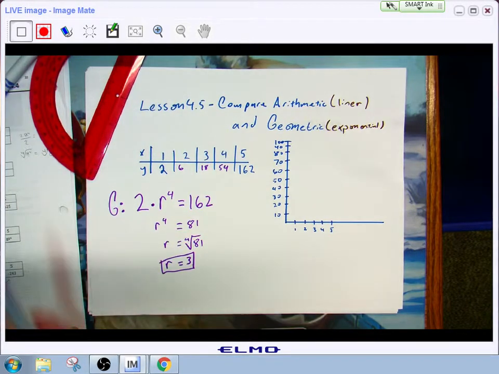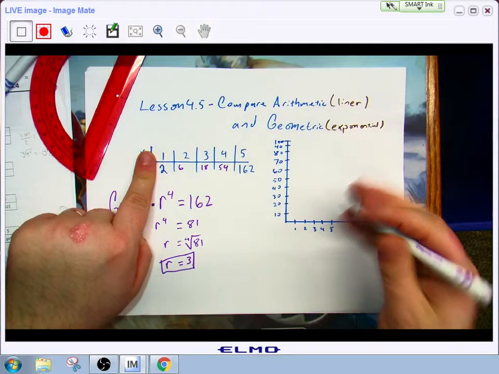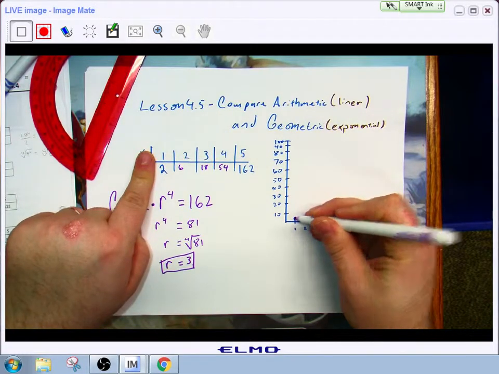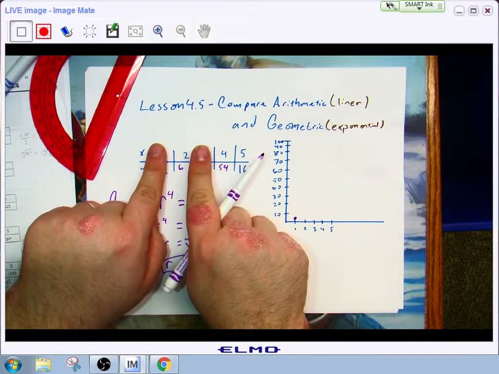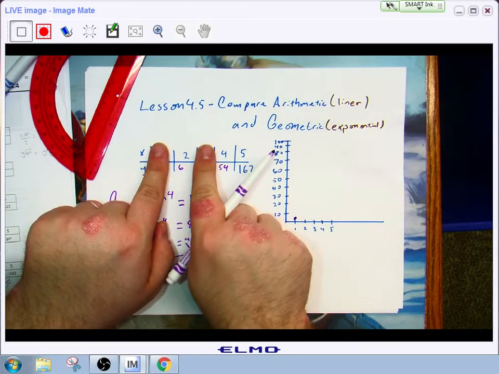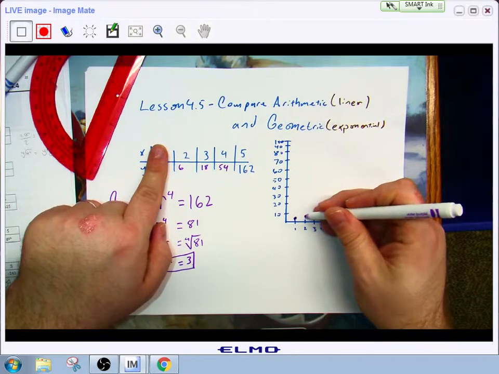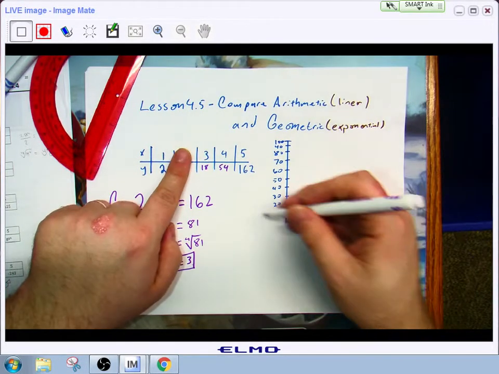Now I'm going to plot my points. I know that the point (1, 2) is a point. That's going to be right there. I recommend doing this in your notes so it's clear. (2, 6). (3, 18).